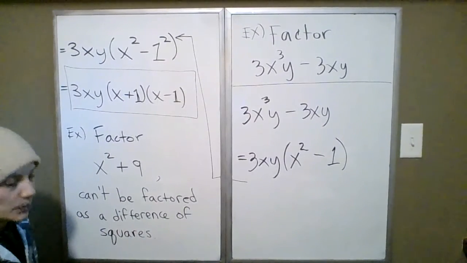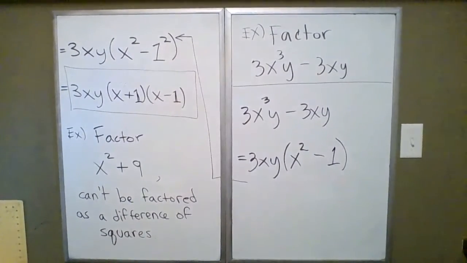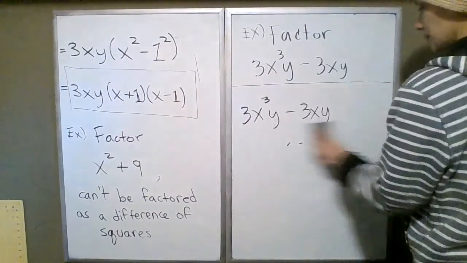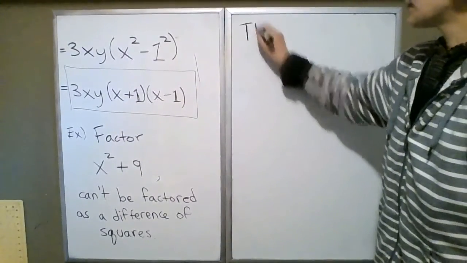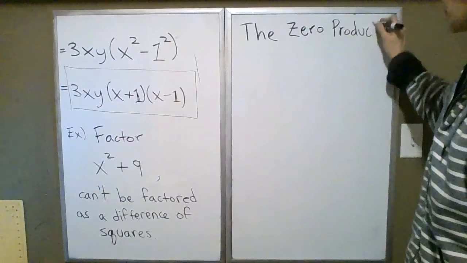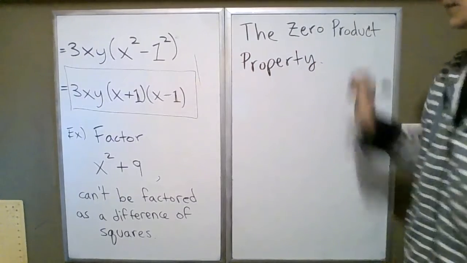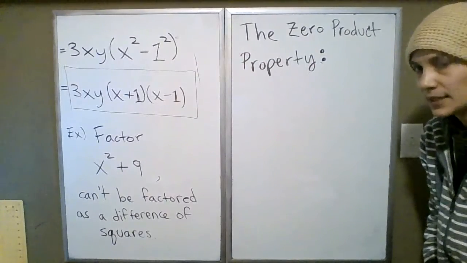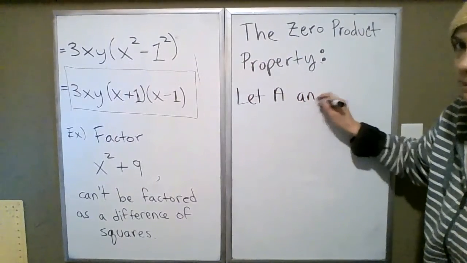Okay, now we want to talk about a property. It's called the zero product property. Let A and B be real numbers.